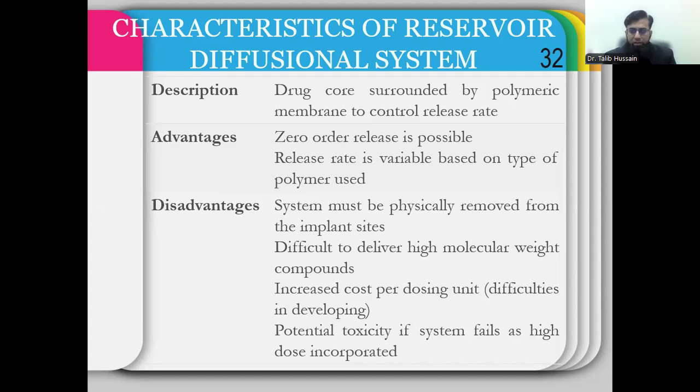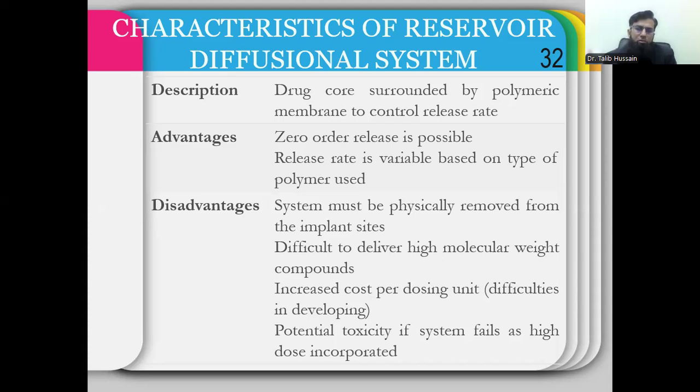As a summary, a reservoir diffusional system is one where the drug is surrounded by a polymeric membrane. Number one, zero order release is possible as area remains constant, diffusional coefficient remains constant, distance remains constant, and the drug concentration gradient always exists. So zero order release is possible.